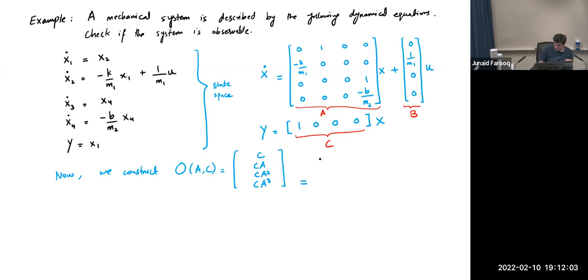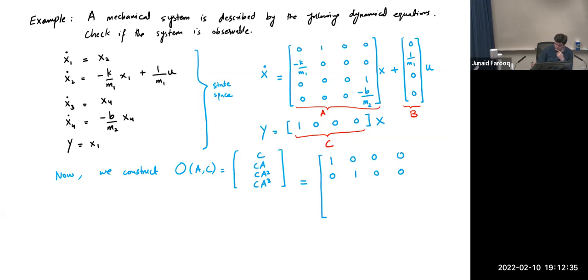Because these are large matrices, I'm not going to write out the multiplication, but it's simple because the matrix A is sparse. So C is simply 1, 0, 0, 0. Matrix C times A is going to be the first row of matrix A, which is 0, 1, 0, 0.